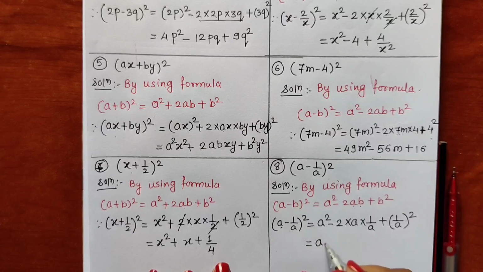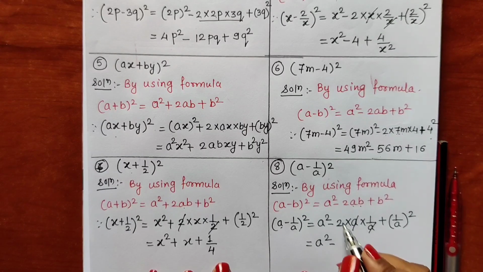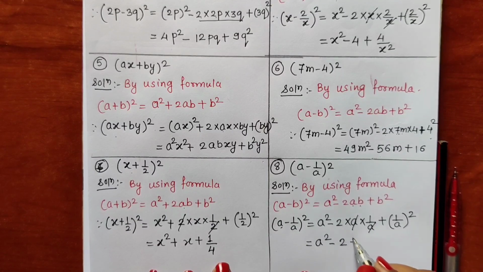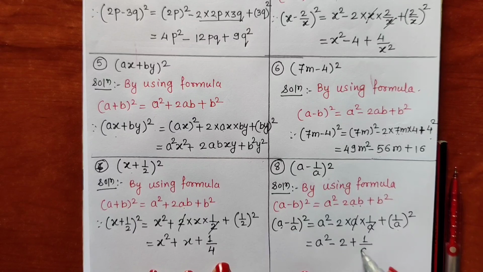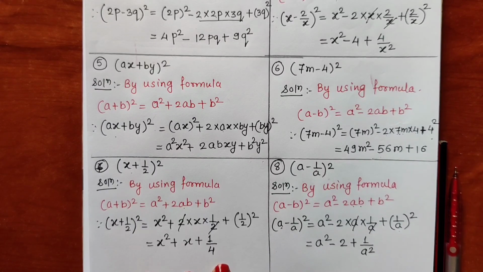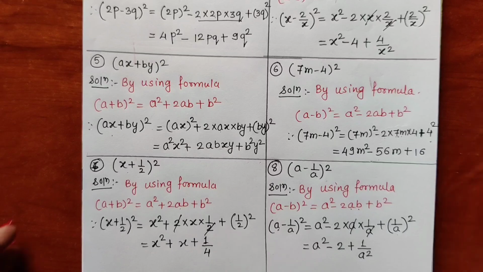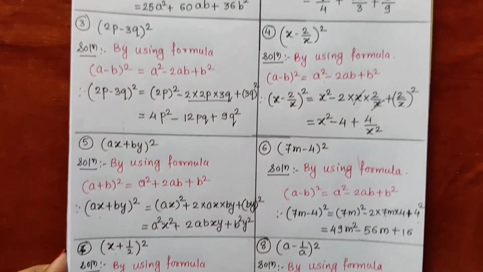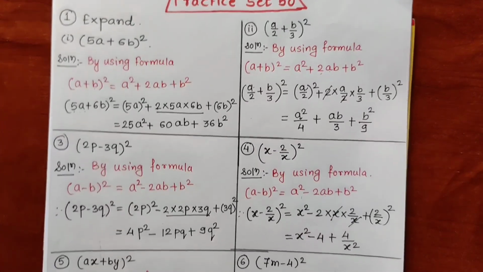Now a square as it is, minus sign, this a cancel with this a, 2 ones are 2, plus 1 upon a square. 1 square is 1 and square of a is a square. So in this way you can solve all the sums from question number 1 of practice set 50. Okay.